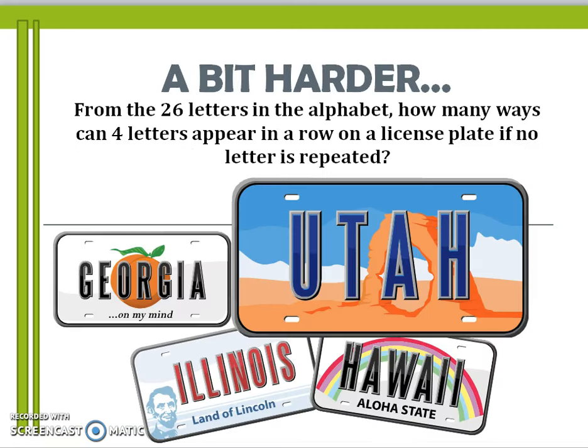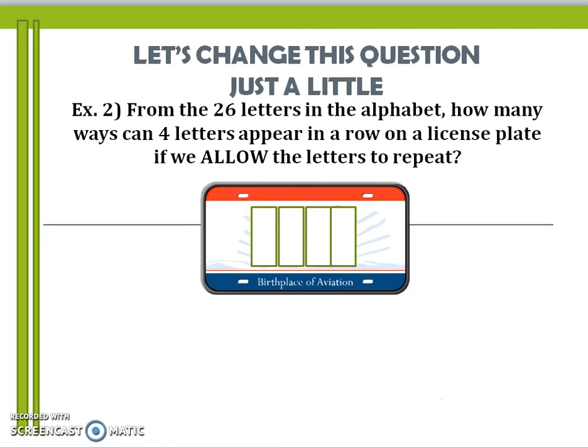So let's go ahead, let's up it a little bit. So consider license plates. There's a lot of different combinations here of license plates. So think about this. From the 26 letters in the alphabet, how many ways can 4 letters appear in a row if no letter is repeated? So we know there's 26 letters in the alphabet. So basically what we're saying is we have 26 choices for my first letter.